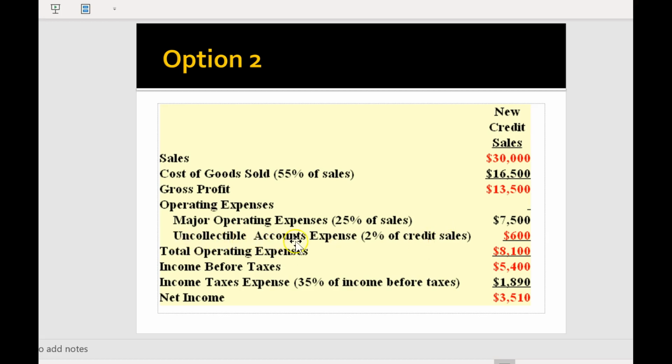Notice that there is an uncollectible account expense, which is 2% of the credit sales. So it's 2% of the 30,000 credit that you give to your customers. So you are giving $30,000 of sales on credit. That incurs expenses, okay? So when we calculate income taxes and so on and so forth, it leaves us $3,510 of net income. Now you can see this part of net income is only for the credit sales.